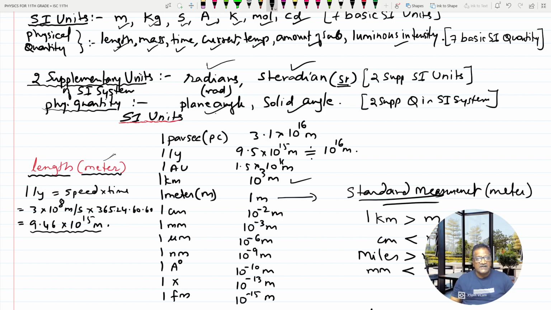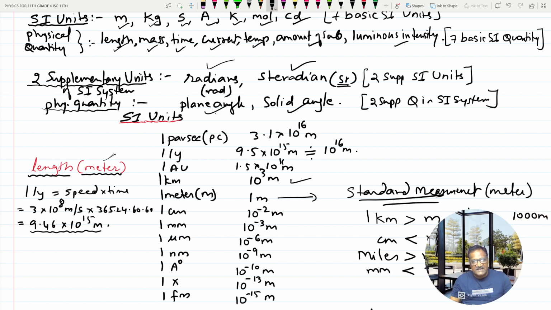When you take 1,000 meters together, that 1,000 meter length is known as 1 kilometer. Or you can say in 1 kilometer there are 1,000 meters. So 1 kilometer is a bigger unit compared to meter, because in 1 kilometer you have 1,000 meters, right?